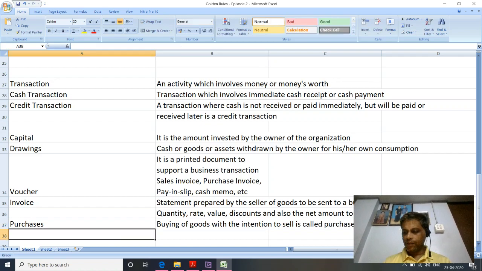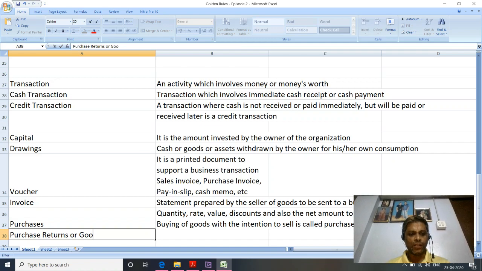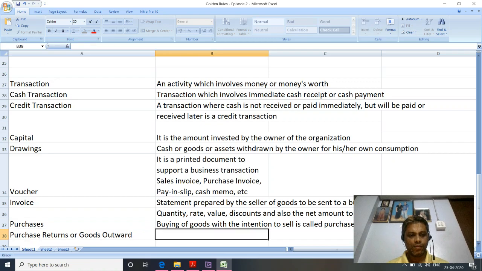Then purchase returns, or you will also come across in your books, goods outward. Purchase return is basically return of goods purchased.